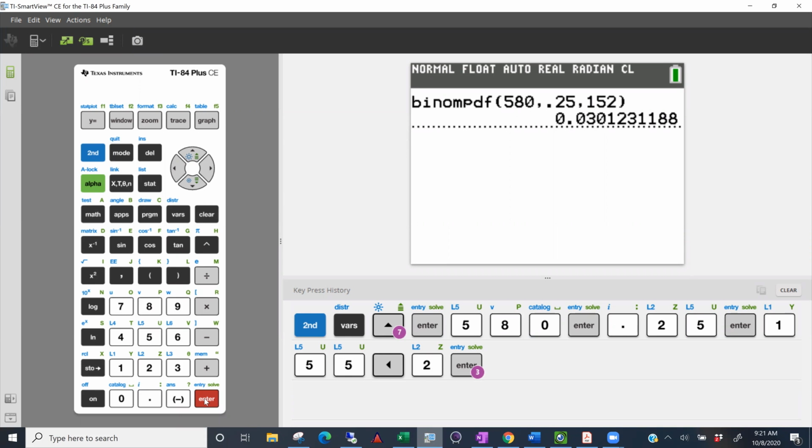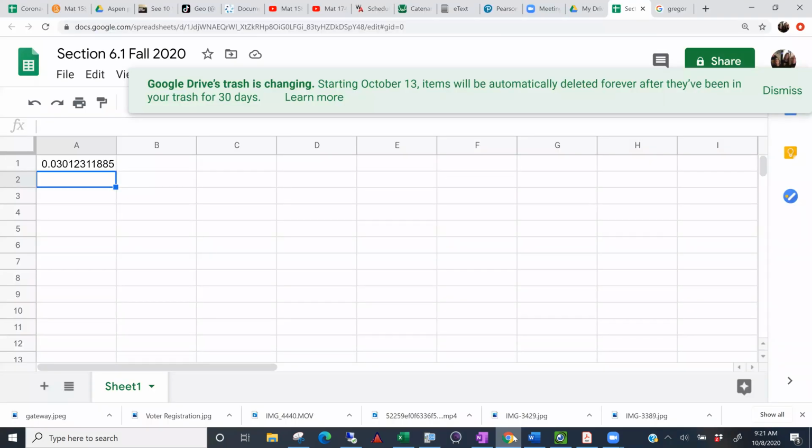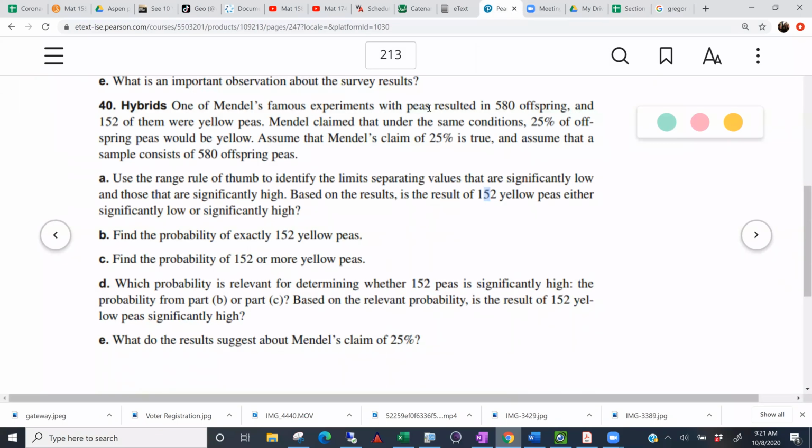All right. Let's look at the next part of this then. The next part is going to ask us to think a little bit. Find the probability of 152 or more yellow peas. If you think about that, that could require a lot of work.